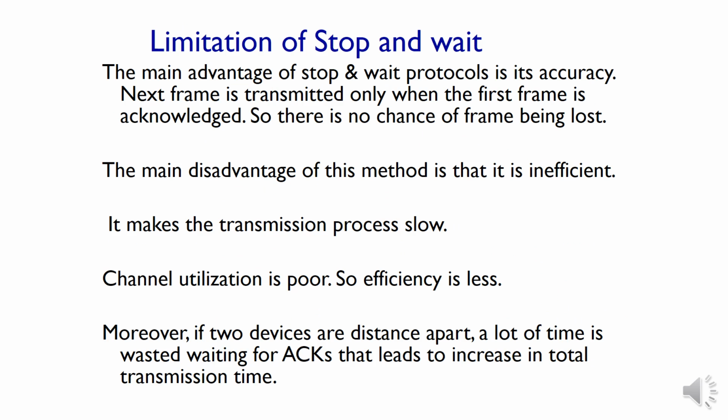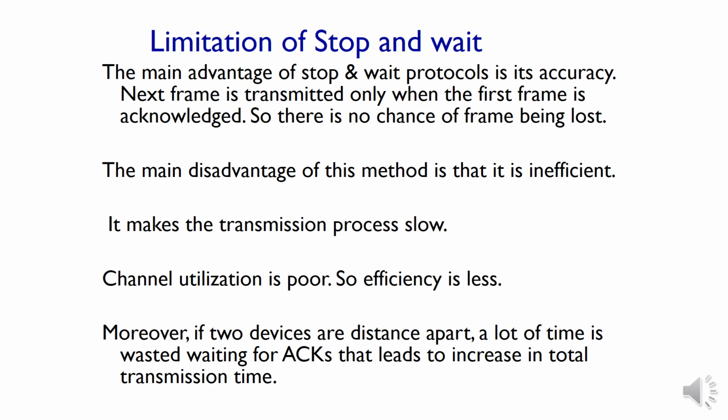Now, what are the limitations of stop and wait? Here we have seen all the RDTs are working under the concept of stop and wait. That is, one packet is sent, then it waits for the acknowledgement. Then after the acknowledgement is received, the next packet is sent, and so on.